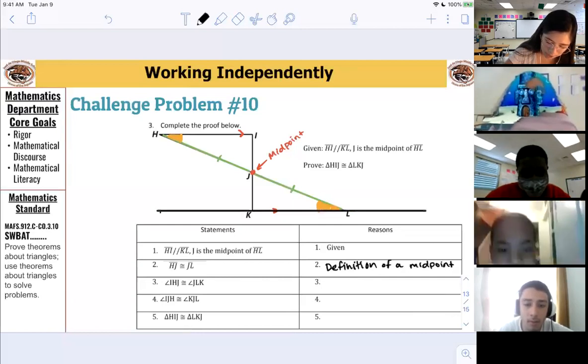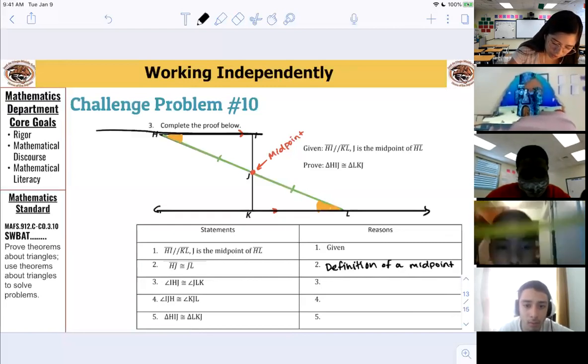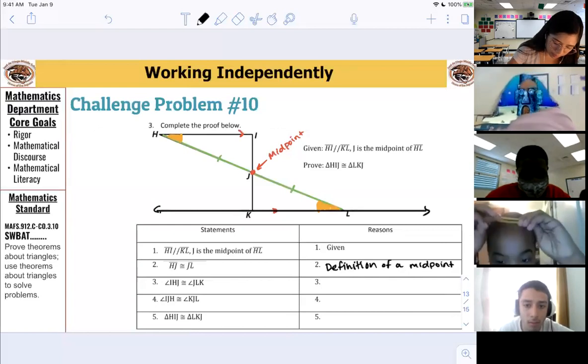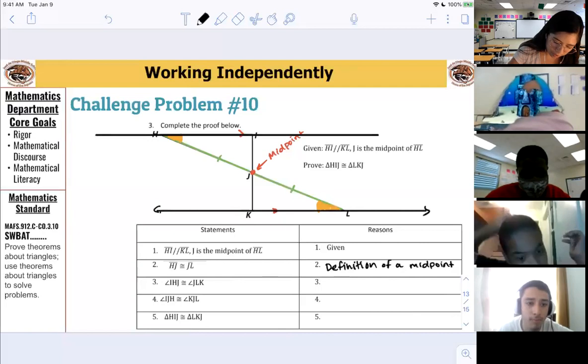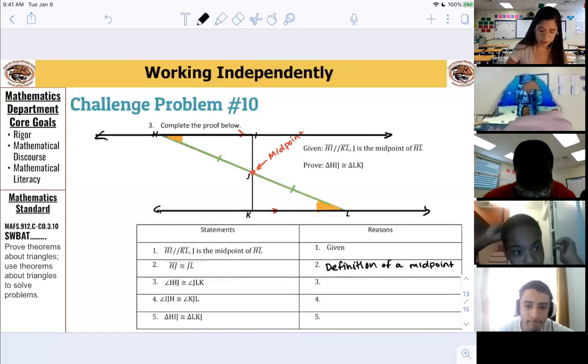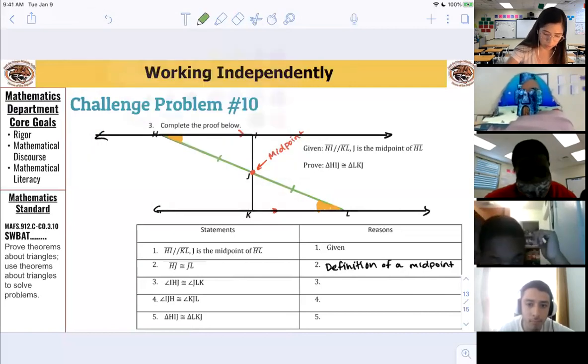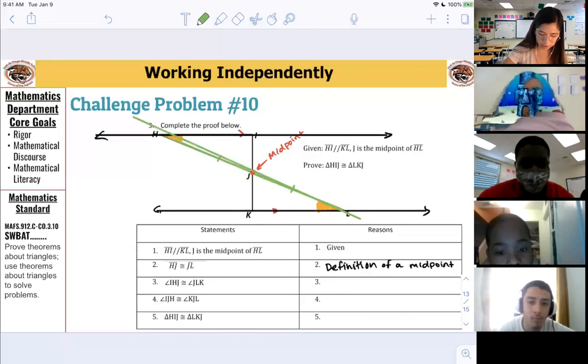So I'm extending this line segment really quick. And I'm going to extend this one too to see if we notice something. Okay, so I'm extending these and I'm going to extend my green line segment as well. And when I do that, what does this look like to you guys? What do we have here? A parallel line being cut by a transversal.